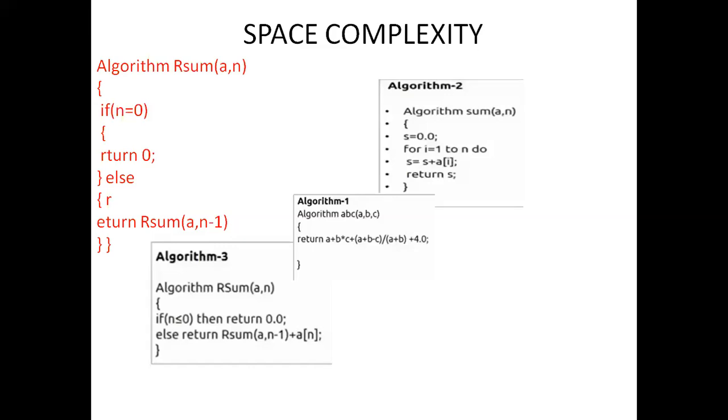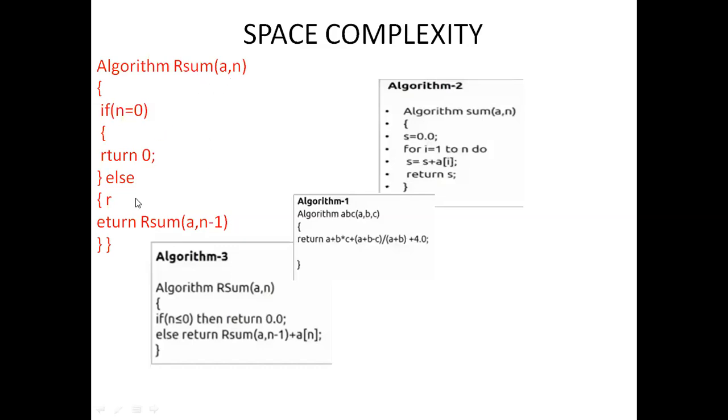So recursion depends on the n value, and the space assigned depends on the n value. So the space assigned is variable, and in each recursion, two fixed values are assigned and one fixed return value.